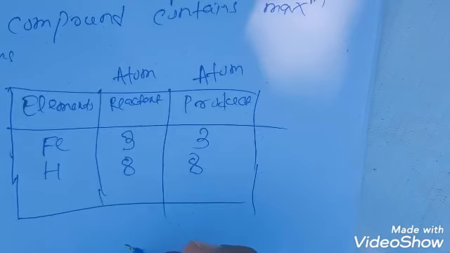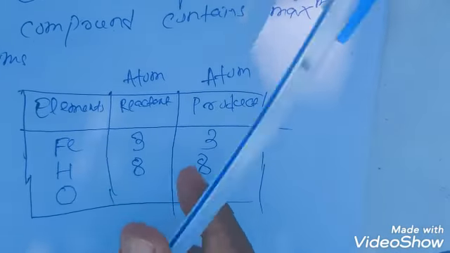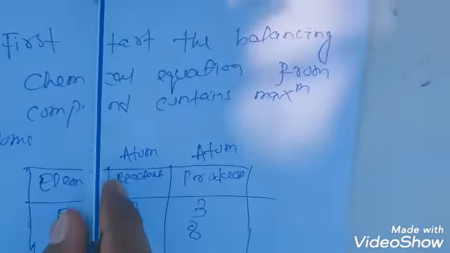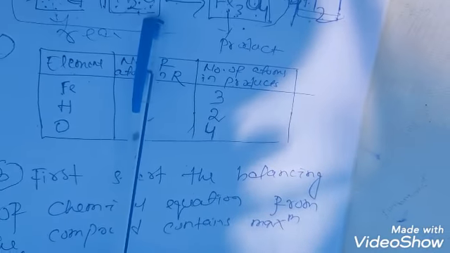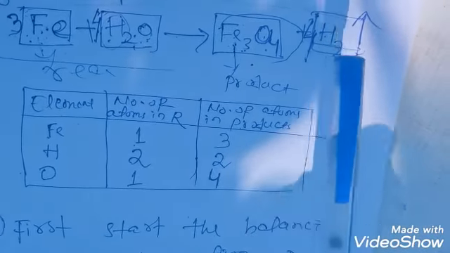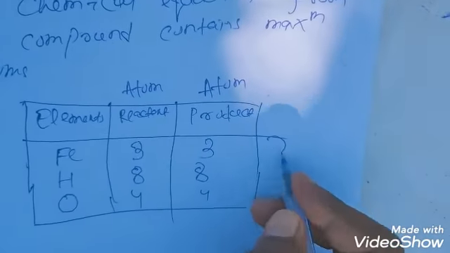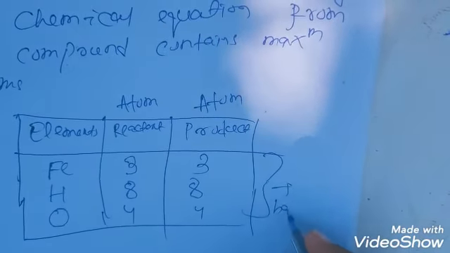The next is oxygen. If we check the oxygen atoms, there are 4 on the reactant side as well as 4 on the product side. So 4 and 4. It is a completely balanced chemical equation.